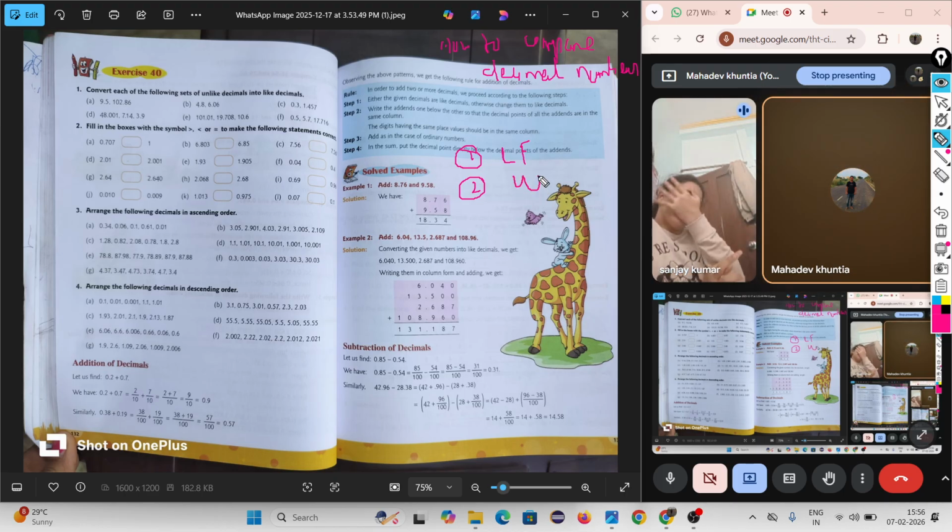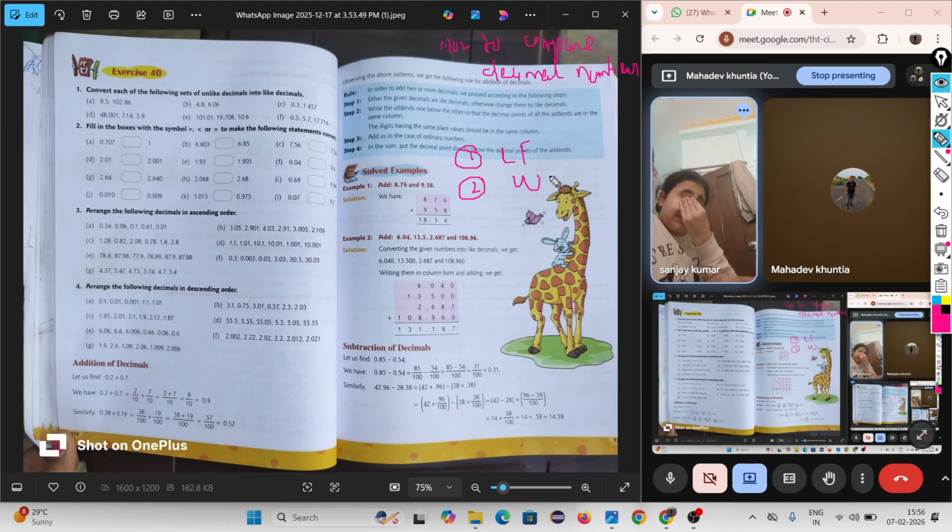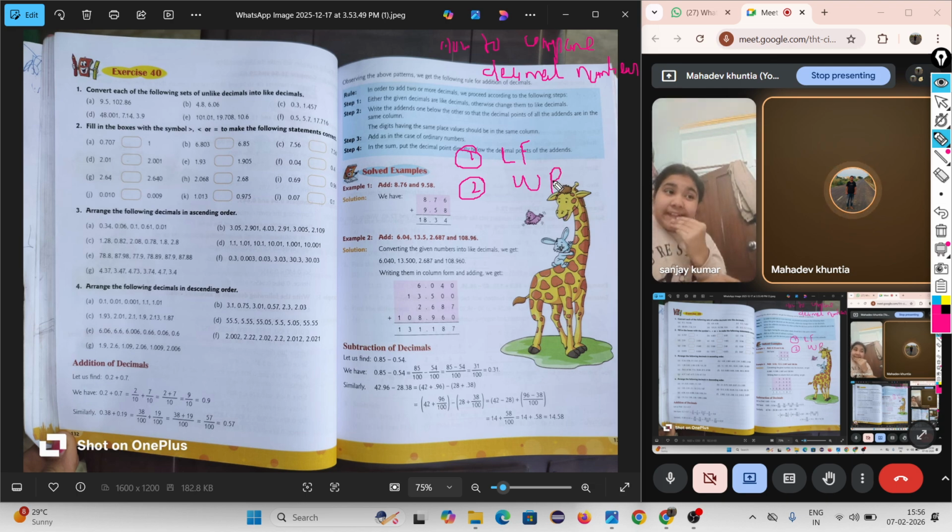The decimal which has the higher whole part, that number is higher. If the whole part is equal, then we have to look at the tenth place. If the tenth place is also equal, we have to look at the hundredth place. If the hundredth place is equal, we have to look at the thousandth place.